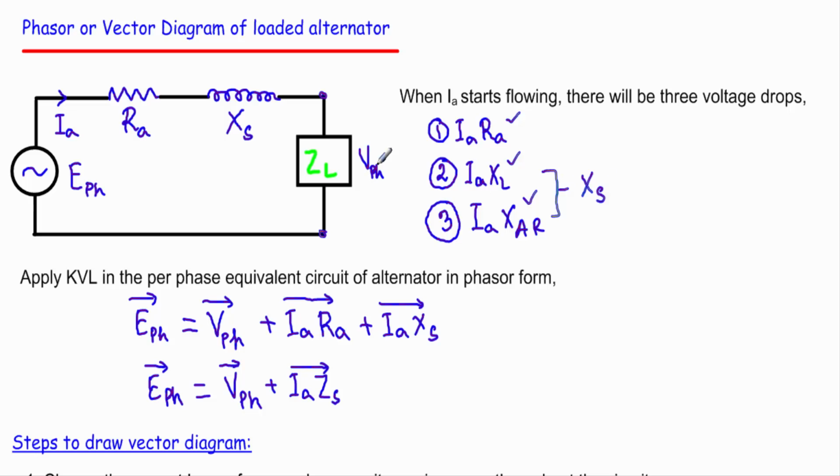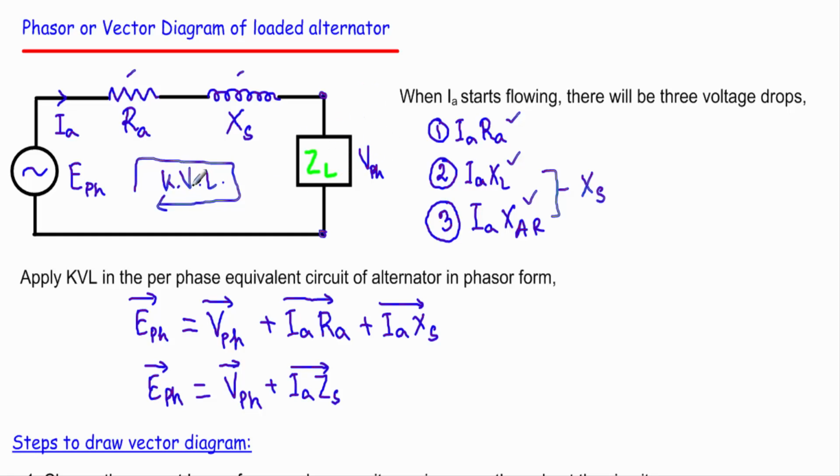Now if I apply Kirchhoff's voltage law in this closed circuit, see here we are generating a voltage EPH. This EPH is our no load voltage. Some portion of this EPH is dropped in this resistor, in the synchronous reactance, and the rest is dropped in this load.